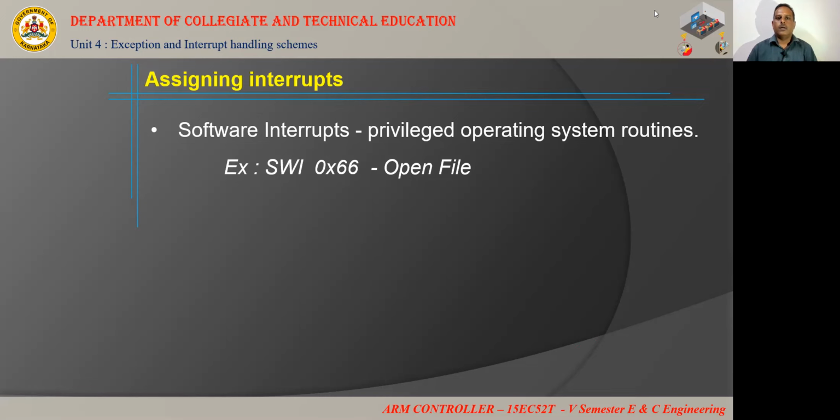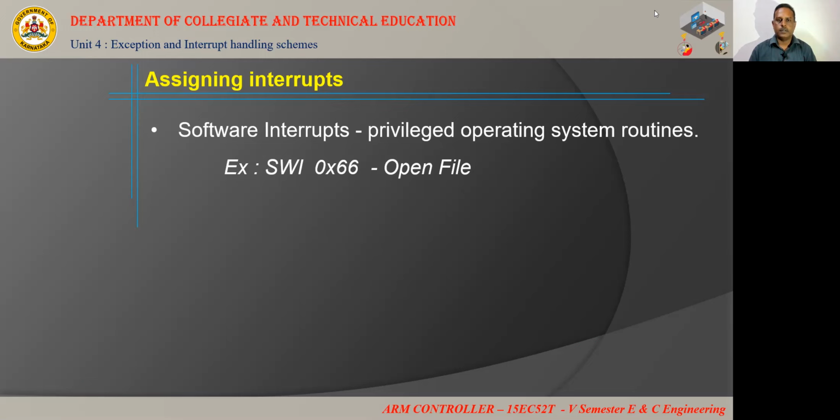Usually, the software interrupt or the SWI instruction is used to get some privileged operating system routines executed. So one best example is SWI 0x66. So this number 0x66 specifically activates a subroutine which is meant for opening a file.